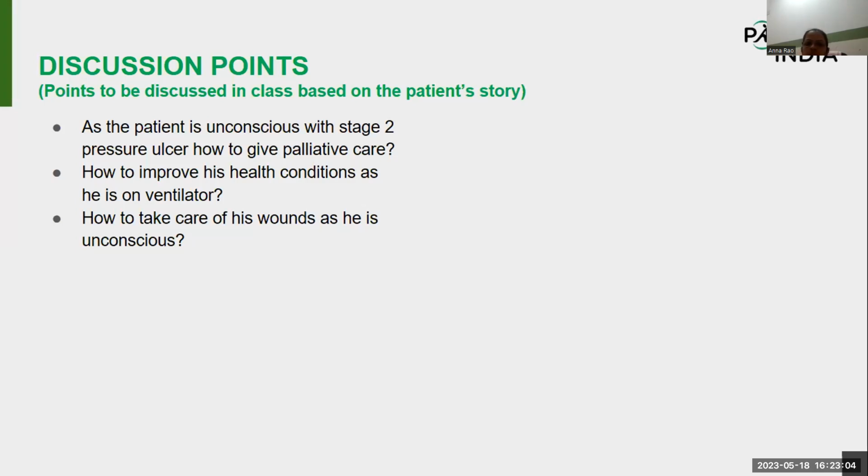So they also need to be involved in patient care, which will help in reducing their anxiety, right? And whatever you do, you have to keep informing them about the condition of the patient. That is essential.